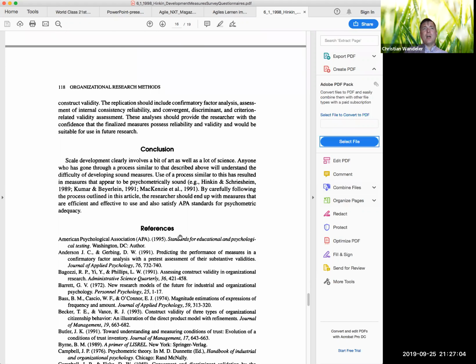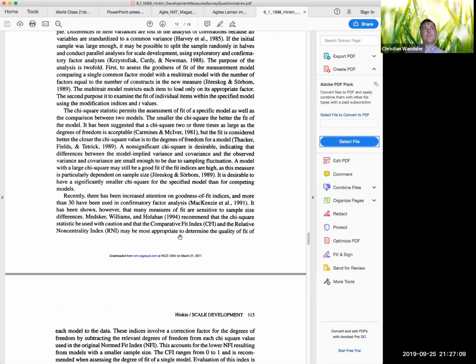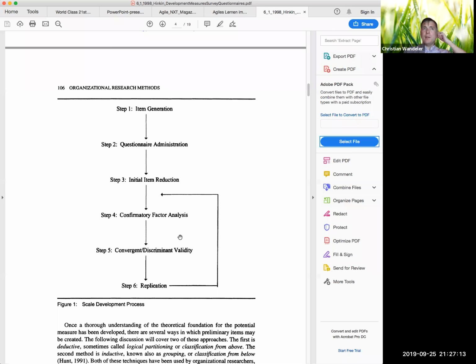So that in a nutshell is a quick overview of the development of a scale. Right? So you can see it's quite intense, and this is actually a recommended process, a best practice to come up with a research instrument.